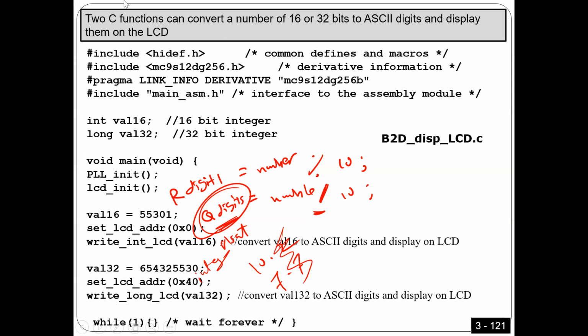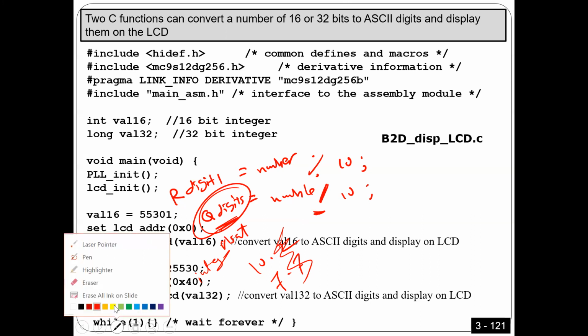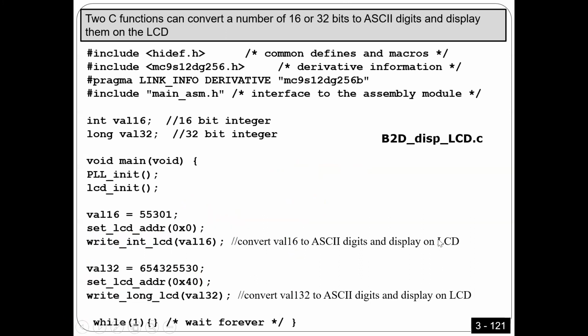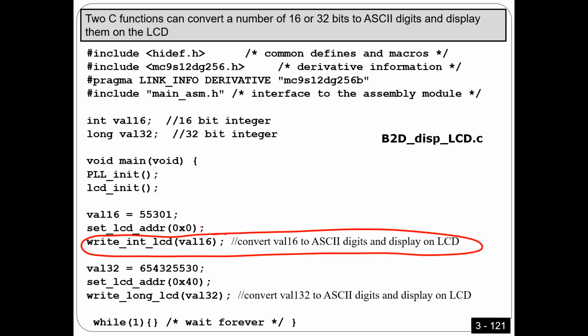The function as I explained last time is here, write integer to LCD. That's it. Then put the number here. So we have write integer LCD, and we have another one, write long to LCD. It depends on how big the number is. So this function is really very interesting. You know why? It does too many things. Number 1, it's gonna divide by 10 to get the digits.